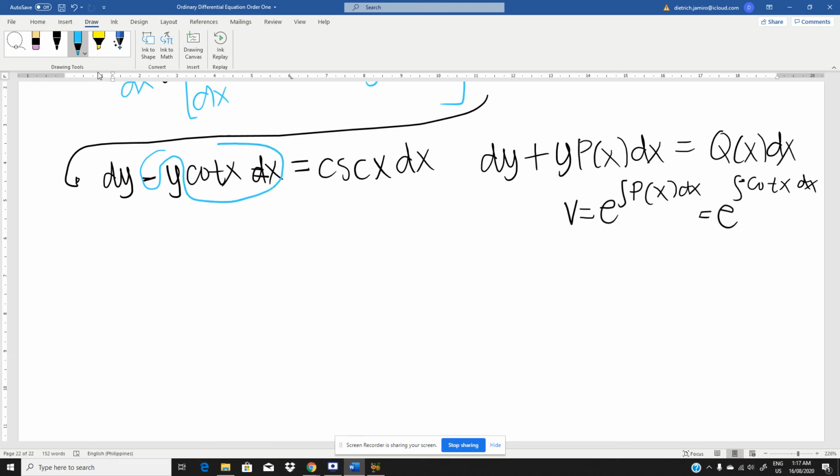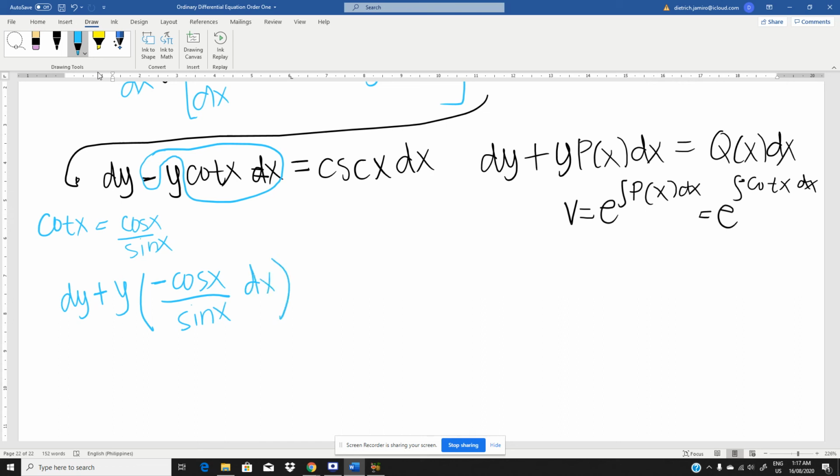So this will become our p of x dx. As you know, cotangent of x is equivalent to cosine of x all over sine of x. So we will have dy plus y quantity negative cosine of x all over sine of x dx is equal to cosecant of x dx.